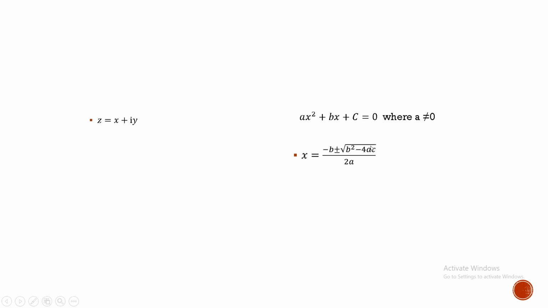Inside our square root if we get a negative number, we are getting i, and for the square root of b square minus 4ac by 2a we are getting y. So simply a complex number can be in the form x plus iy, and it is represented by the letter z. Now z is a complex number, x is real part, y is imaginary part, but both x and y belong to real numbers, right? So now you know what is a complex number.